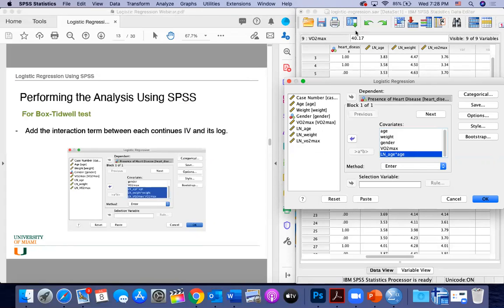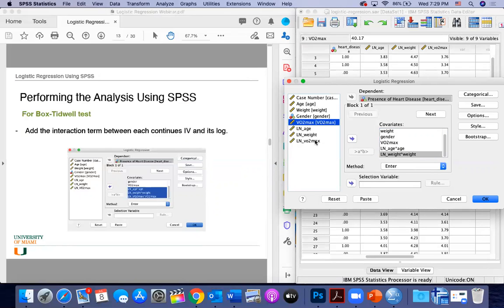Are you able to get this? And of course, you should do it for the other two continuous independent variables. So let's do it for weight and VO2 max. Again, highlight weight, ln weight, and then add it as an interaction term. Make sure it's there.